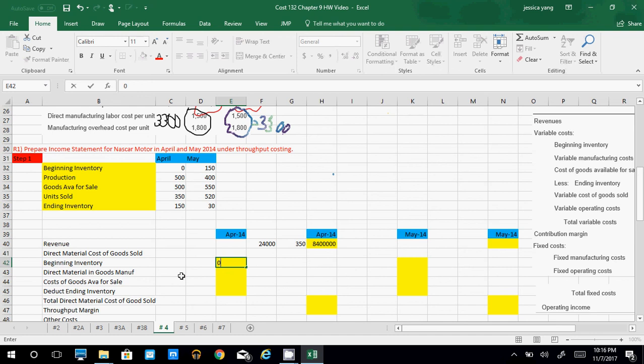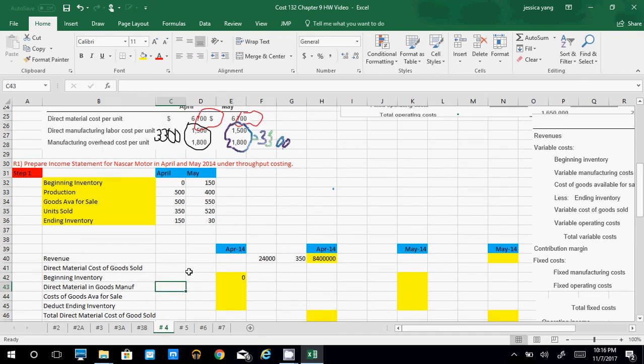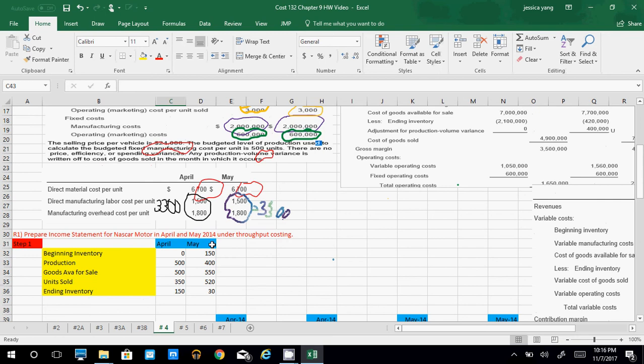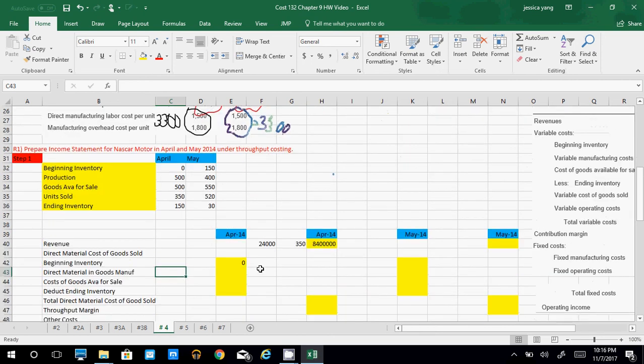To get direct materials in goods manufactured, we take $6,700, the direct material cost per unit in April, and multiply that by the 500 units in production in April to get $3,350,000.